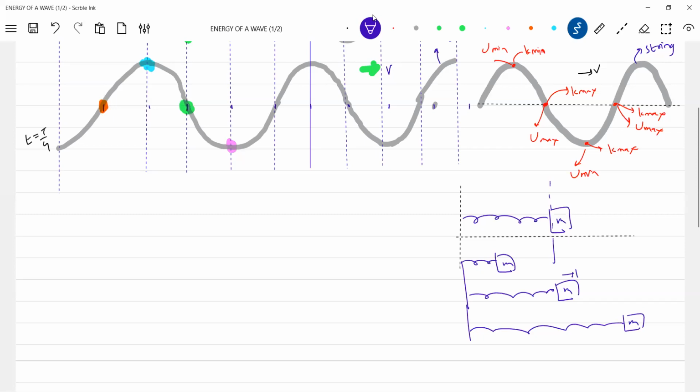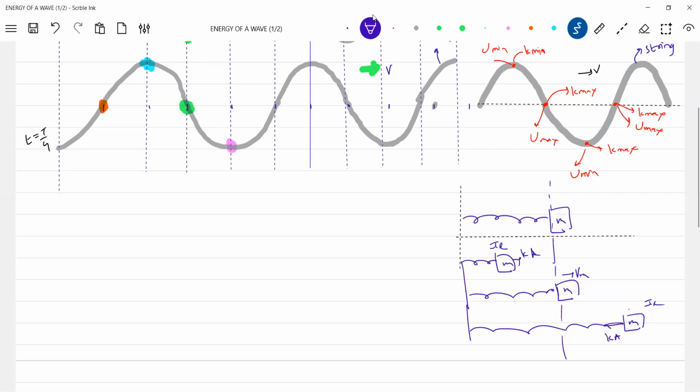So this will be maximum velocity here, and here this will be maximum compression. What is the state of the block here? It will be at rest, instantaneous rest.